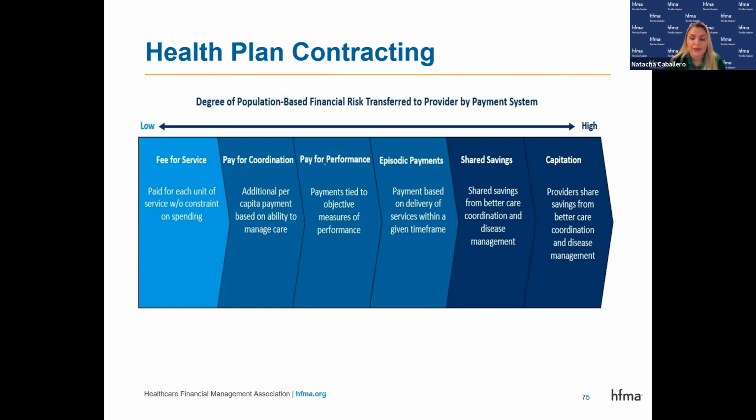The least risky payment system would be fee-for-service, where a provider is paid for each unit of service without constraint on spending. The highest risk is capitation, where the provider shares savings from better care coordination, but could also have very costly services that erode any profit margins.